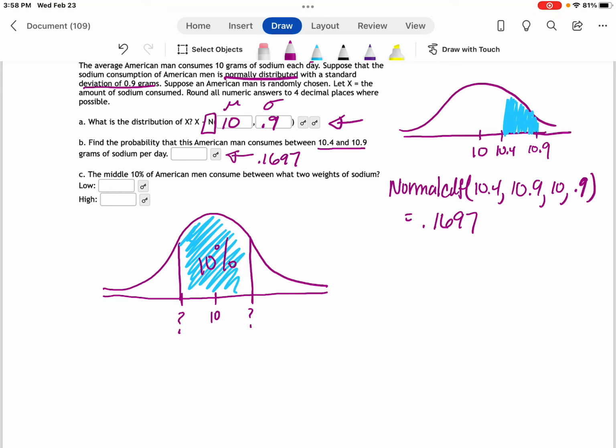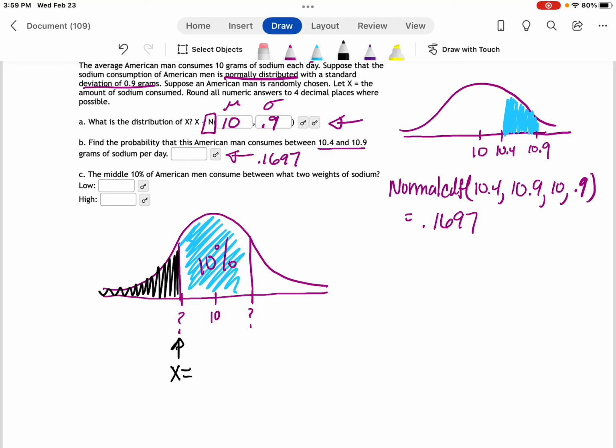But when we use inverse norm on the calculator, remember, we have to plug in the percentile, and the percentile is the percentage that lies under the graph to the left of the point that you're looking for. So if I look for this point first, I need to know what the percentage is to the left of that, because that's what we need to put in on the calculator.